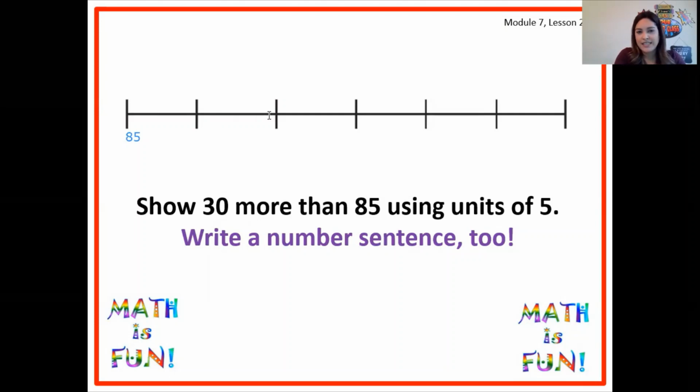So am I going to count by 10 here? No, because it says units of 5. So to make it smarter, not harder, remember what we did right here, imaginary 0, so we know when to stop. We're going to count by 5 to what? To 30. Very good.